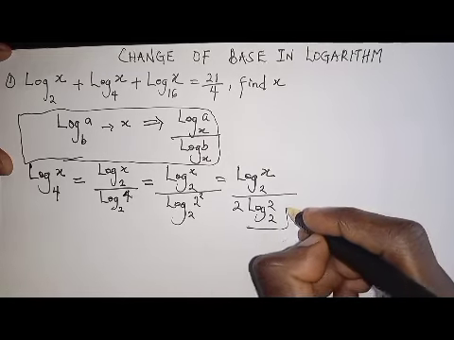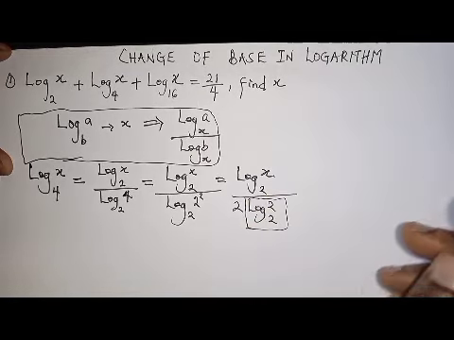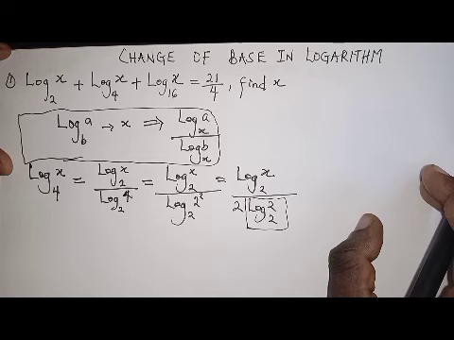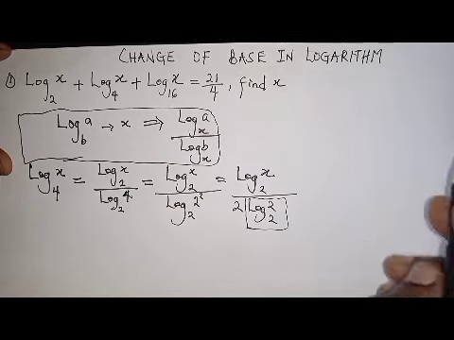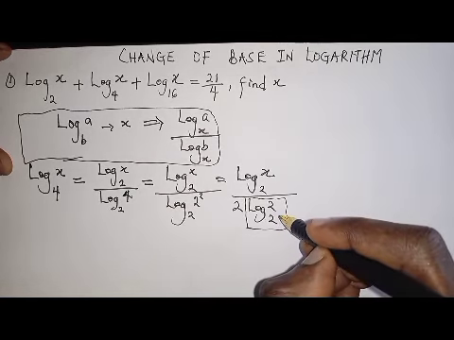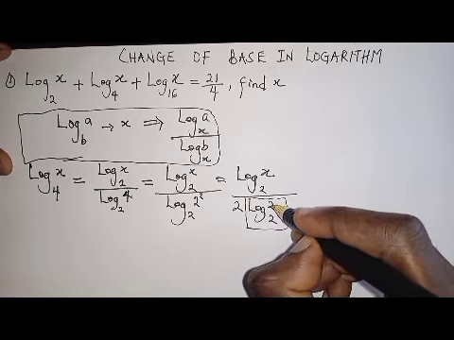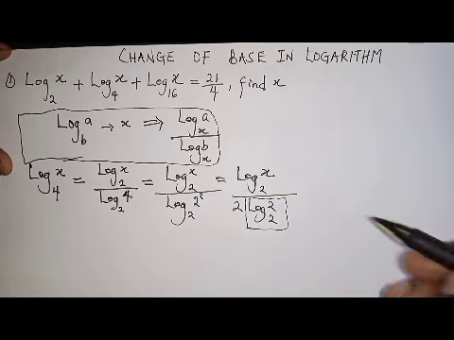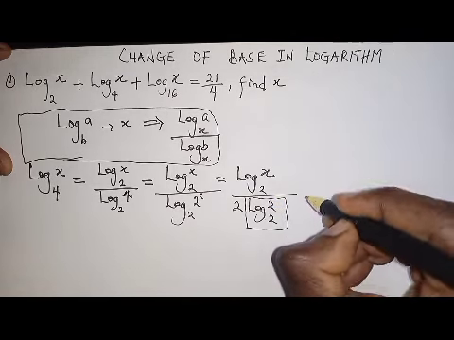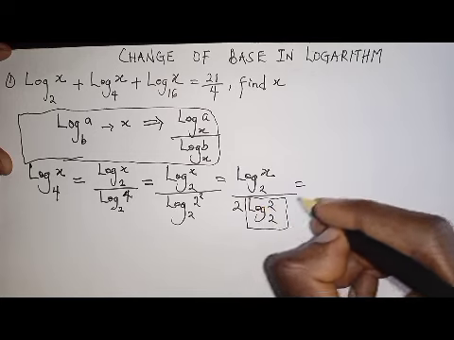Then remember one of the laws. If you've not seen that video, kindly check in the playlist, you'll see the video on laws of logarithm. One of the laws has it that log of the same number to the same base gives us 1. So log 2 in base 2 is 1, and 2 times 1 is 2.